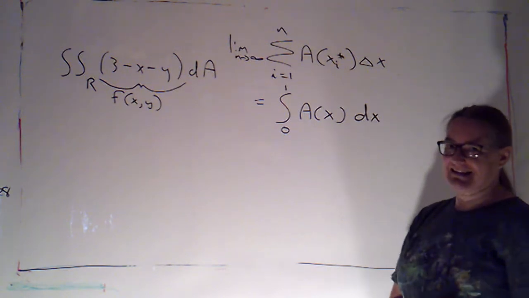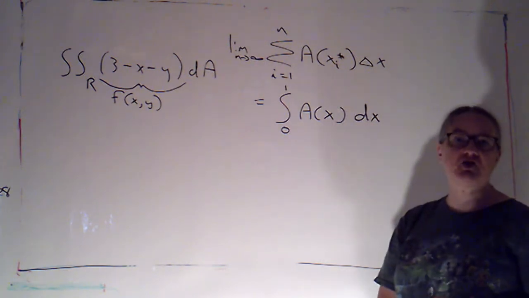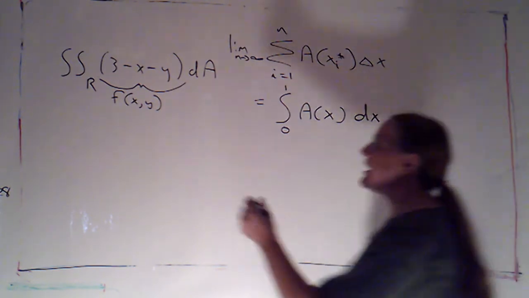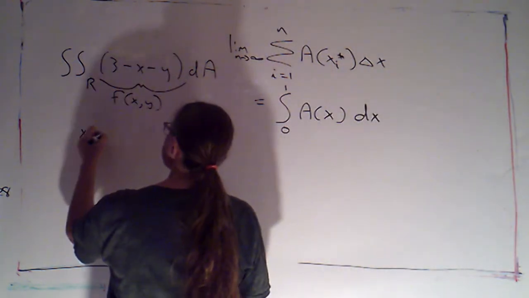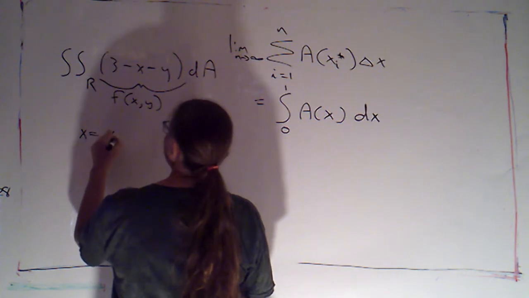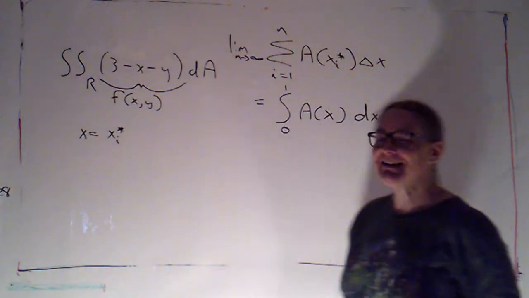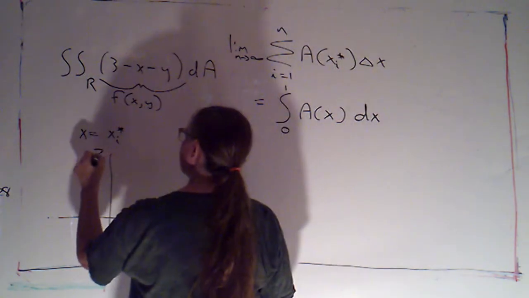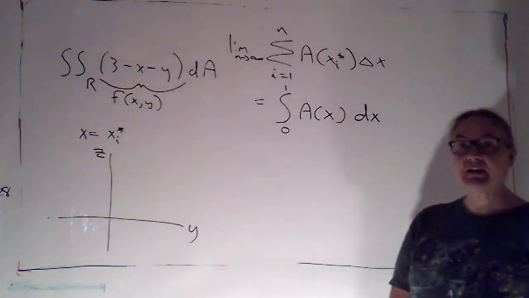Now, this works provided that the cross-sectional area is something that we can actually calculate. And it is in this case, because we're getting nice geometric shapes. So if I look in a plane x equals xi star, that's going to be parallel to the yz plane.